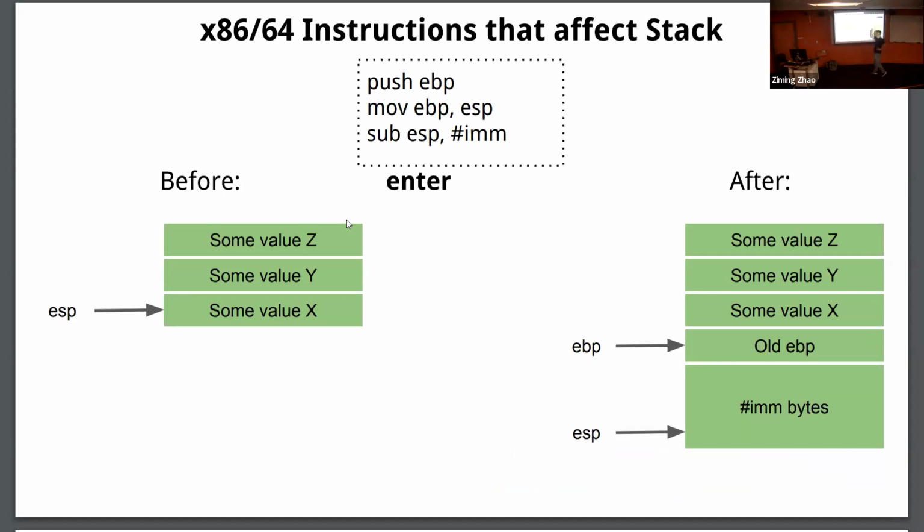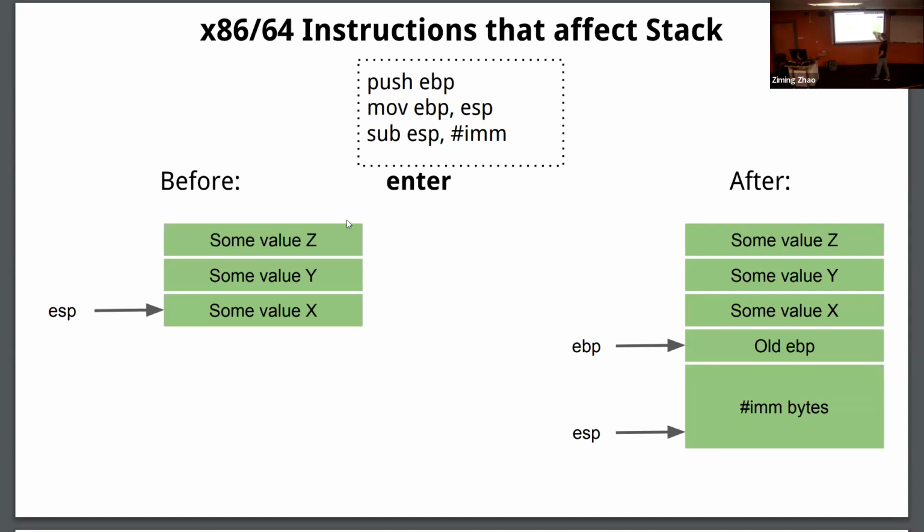These appear a lot at the beginning of many functions, so they're called the prologue of functions. They're basically setting up the stack frame for a function. This is something we're going to attack.